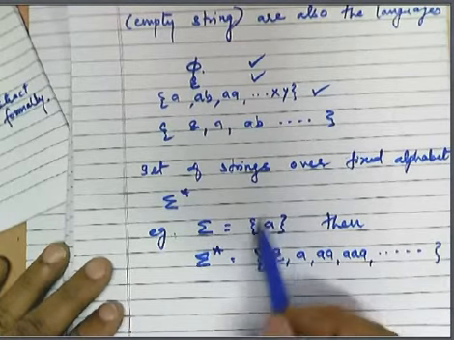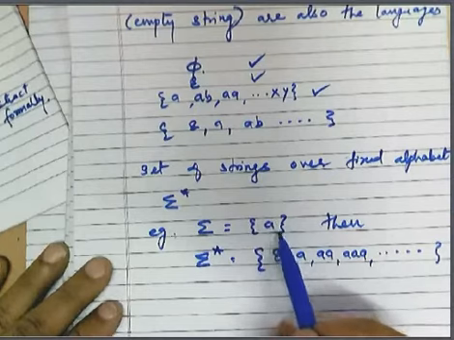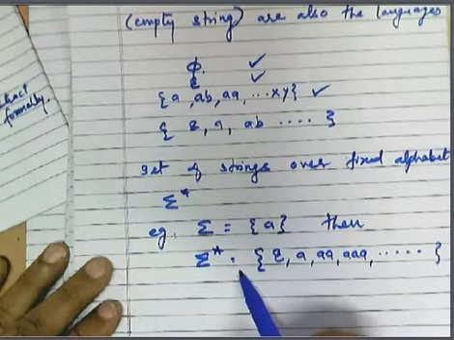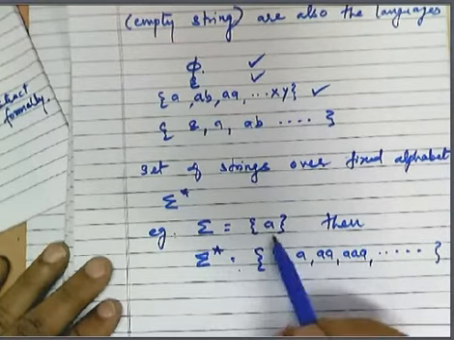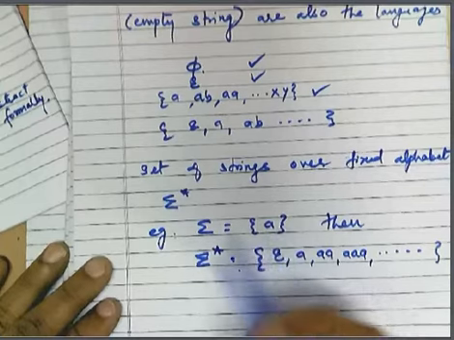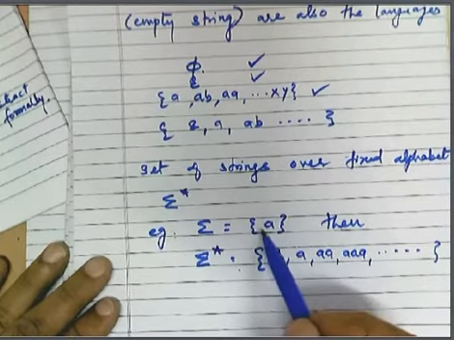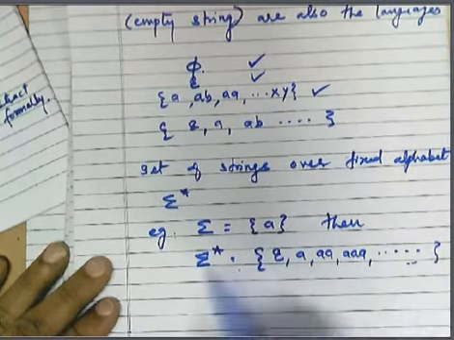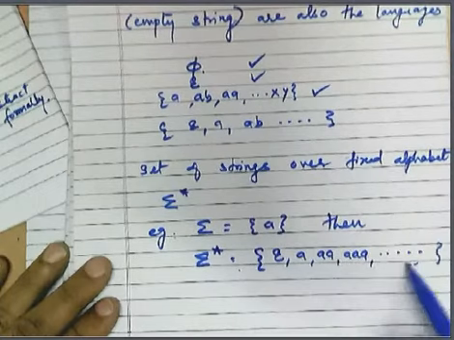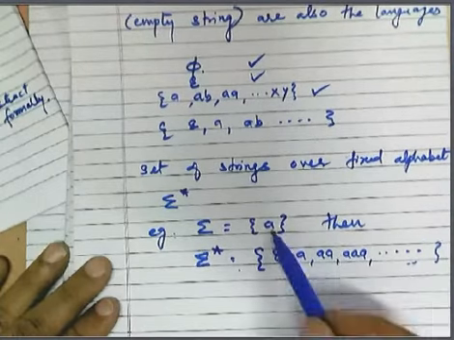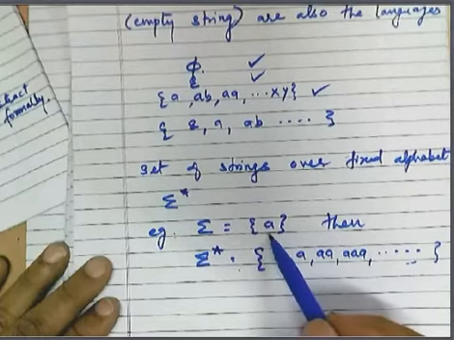So all possible combinations of that symbol come under the closure of any set. So this is set theory actually. This is a closure of this set. Okay. So this is representing one language. So it is having a set of strings formed through the symbols in the alphabet.